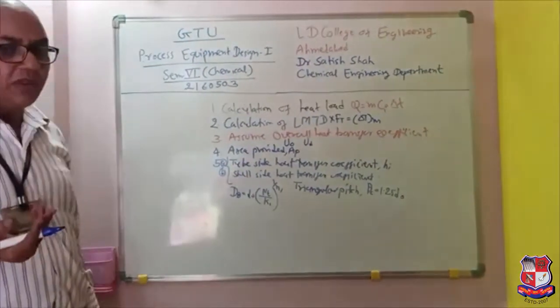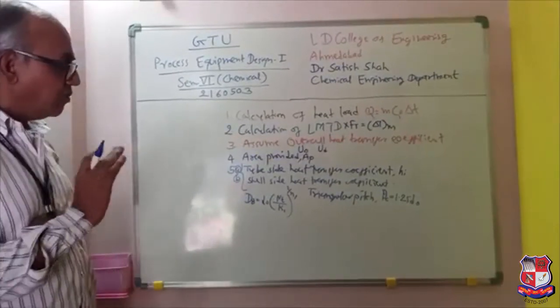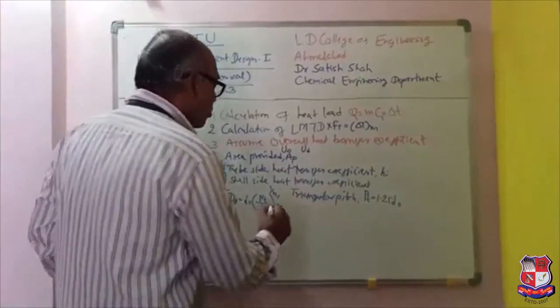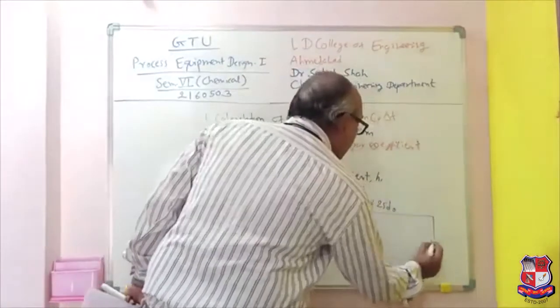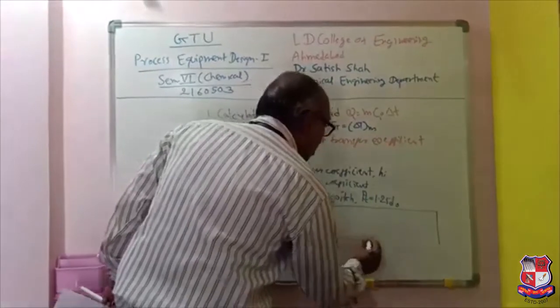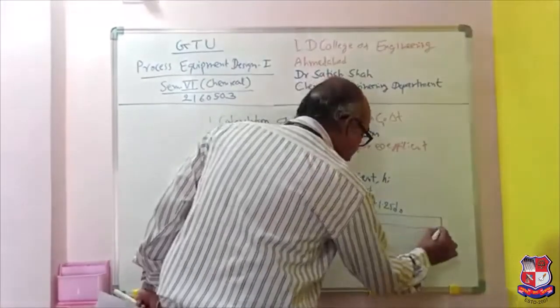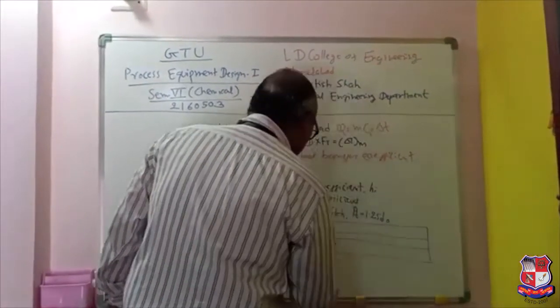Sometimes in special cases you can use a different value of the tube pitch, but most of the time it is 1.25 times Do. And if you use this value, then based on the number of passes, your values of n1 and K1 will vary. So I am just listing those values over here, so you can just make a note of this and use it.